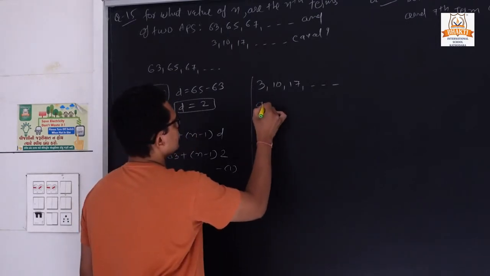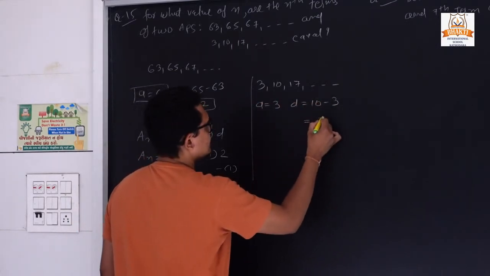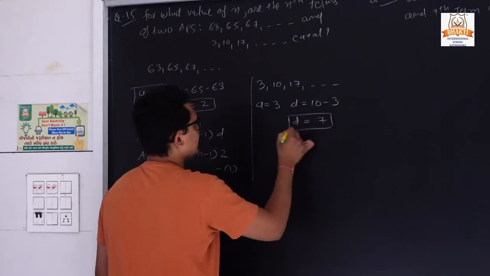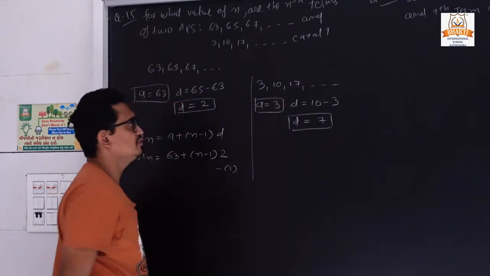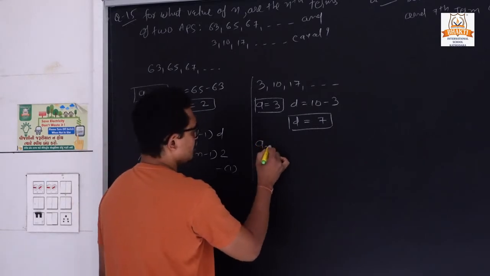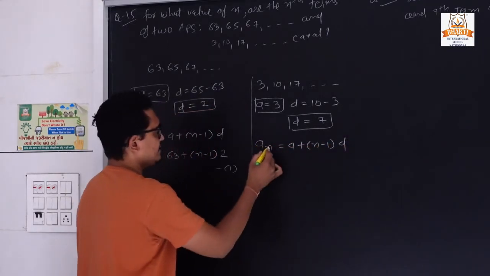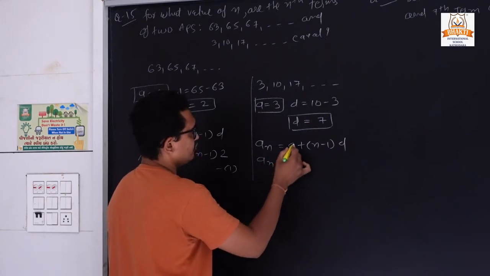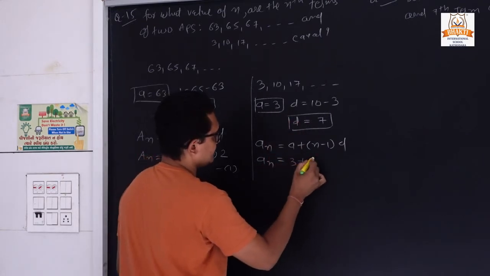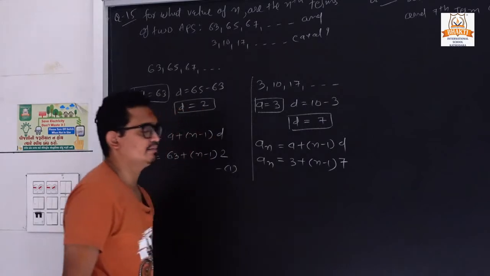What is the first term? 3. The difference is 10 minus 3, so the difference is 7 and a is equal to 3. Now we are using small an. So an is equal to 3 plus n minus 1 into 7.